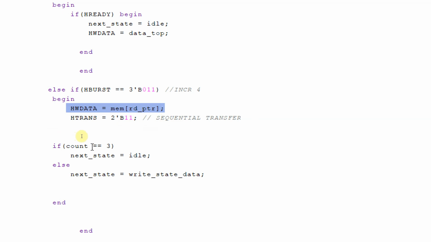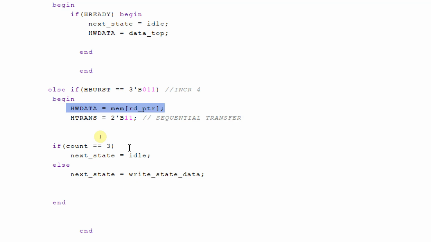I'm also checking whether my count is equal to 3. The count variable is also incremented in the present state logic because it is a sequential block. For every cycle, it is going to be incremented. Since it is a 4-beat burst, we are basically waiting for count to become 3, that is, we are counting 4 cycles. After counting 4 cycles, that is, after sending 4 beats of data, we are simply going to the idle state, or else we are going to stay in the same state, write state data.